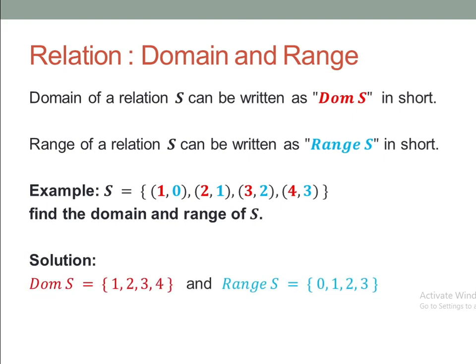We will write that domain of S, that is dom S, is equal to the set of first elements, that is the set of pre-images. Set of pre-images is {1, 2, 3, 4}, and range. Range, what is range? Range is the set of second elements or set of images. Here images are {0, 1, 2, 3}.